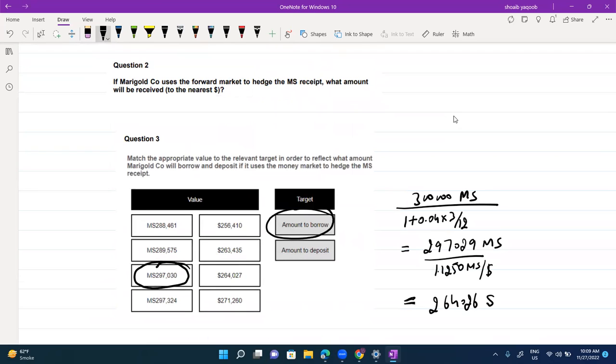So this is the amount which you will deposit. Which you will deposit. ठीक है? So it is the amount which you will deposit.